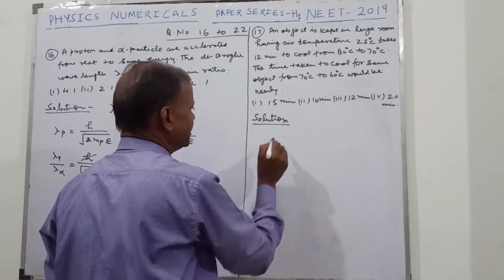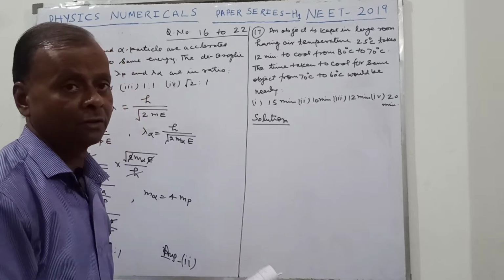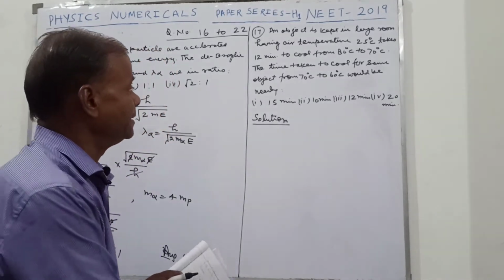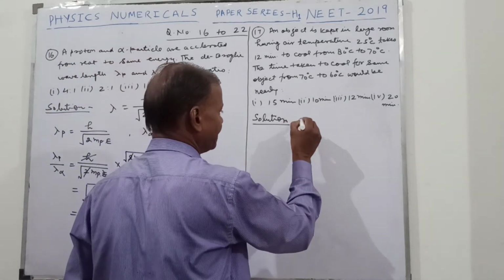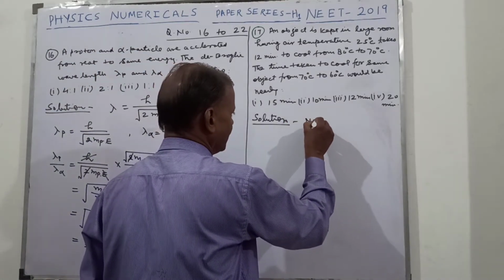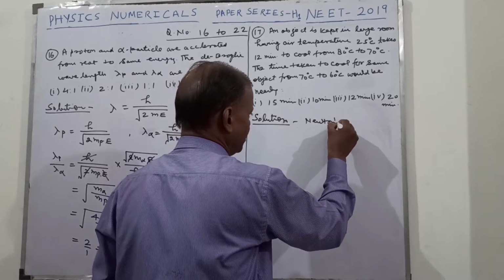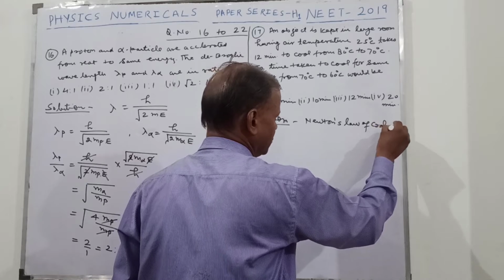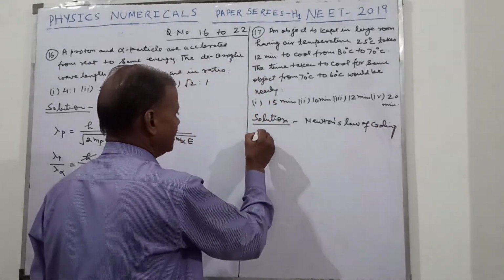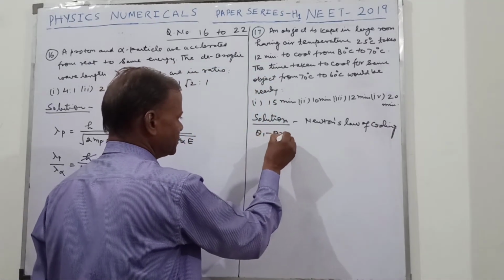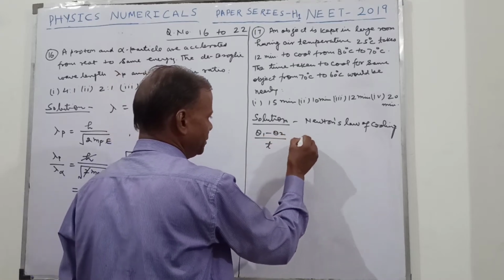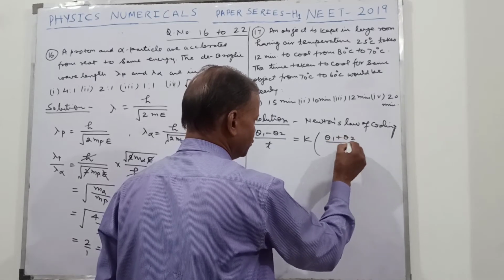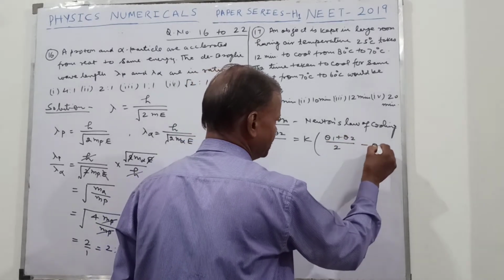Now here you see that the question is given for Newton's law of cooling. So here we apply the formula of Newton's law of cooling. Now this is (theta 1 minus theta 2) upon t equal to a constant K times (theta 1 plus theta 2) upon 2 minus theta 0.